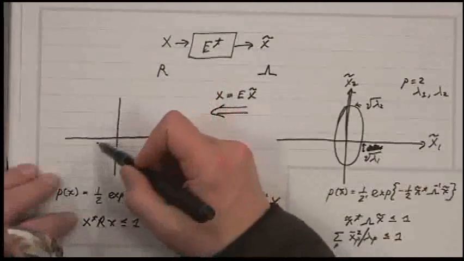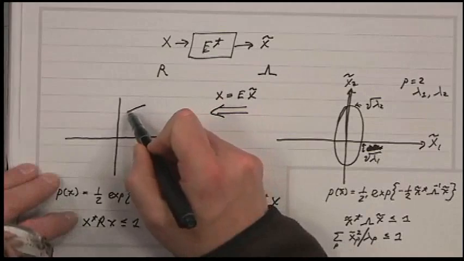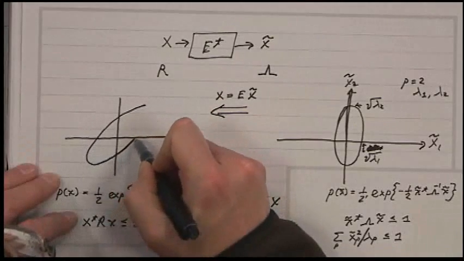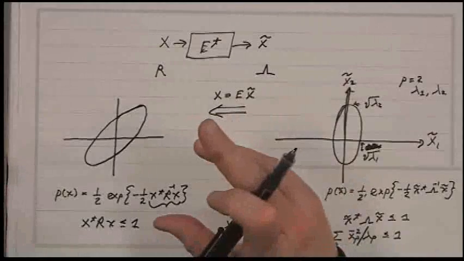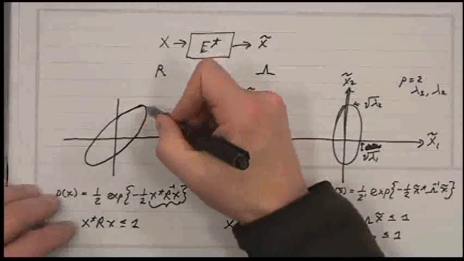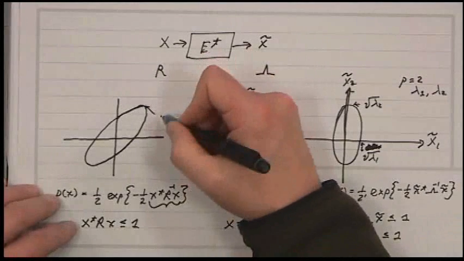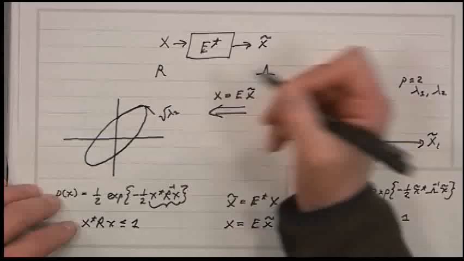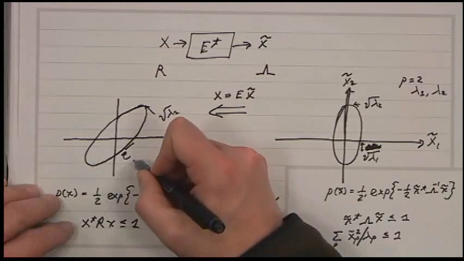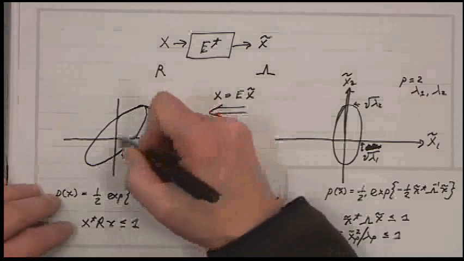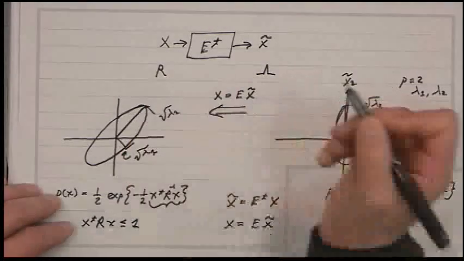Okay, so you're going to have some rotation of the ellipse. It's a rigid body rotation, so the ellipse doesn't get any bigger or smaller. It just rotates. And this distance here becomes the square root of lambda 2, and this is the square root of lambda 1, right? This way and this way.